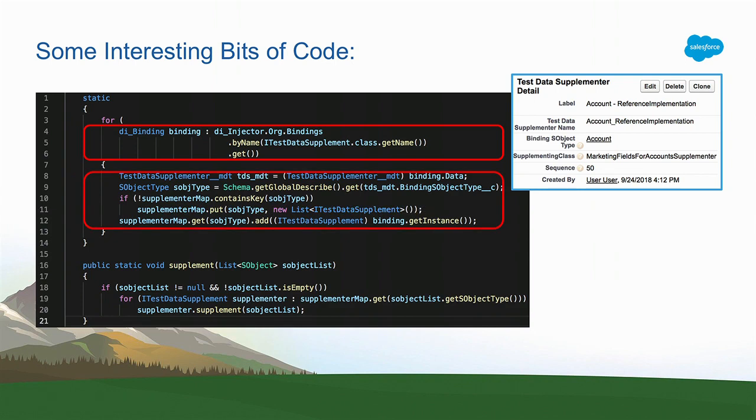And then we take that information, we put it into a structure, and we save that off so that whenever the test passes the SObjects into this particular class here, now it iterates through any of the supplementers, gives the accounts off to it, supplements them, and we might have others. So it passes it off to this test supplementer, passes it off to another test supplementer in other packages, and adds the information that are needed to help it pass its tests.